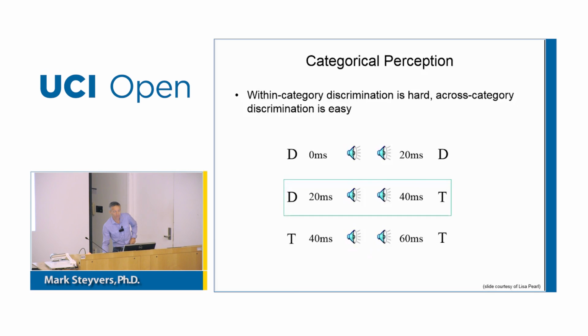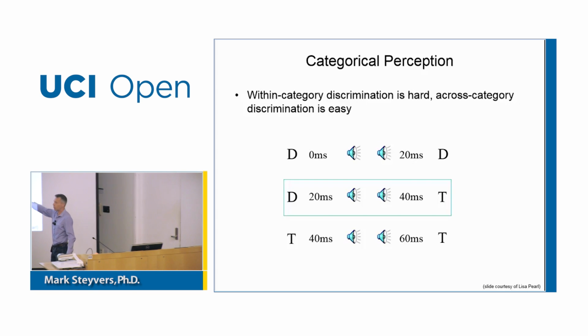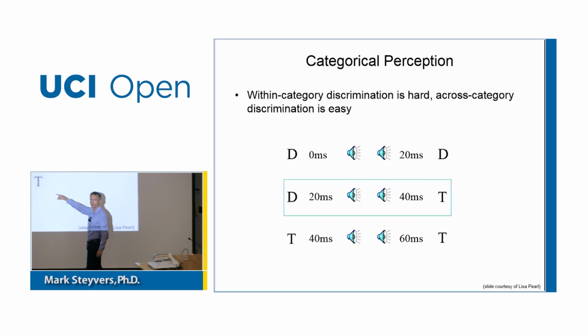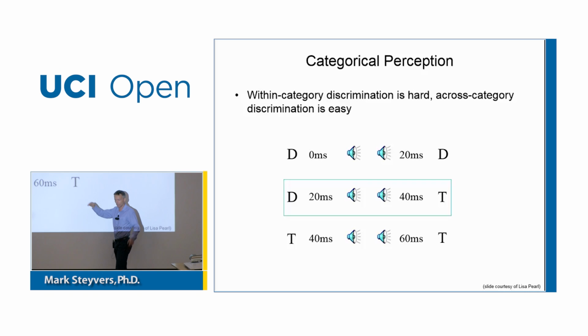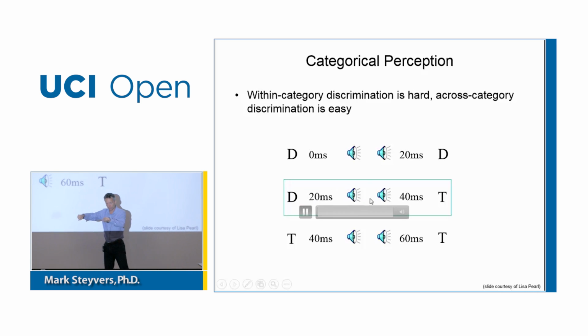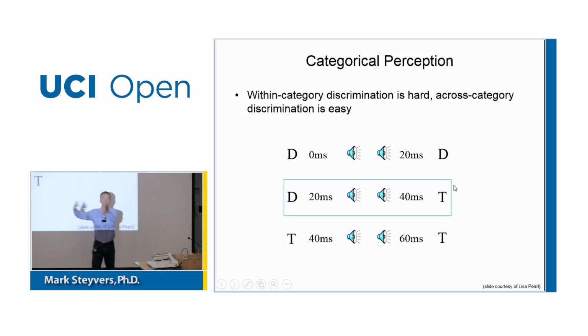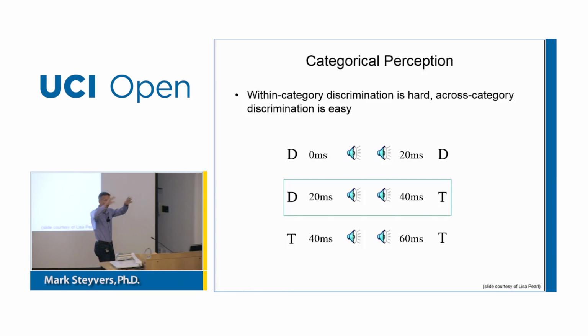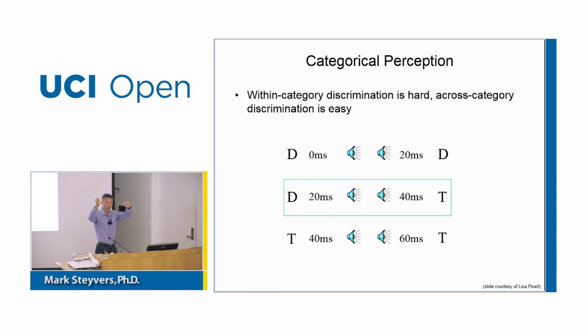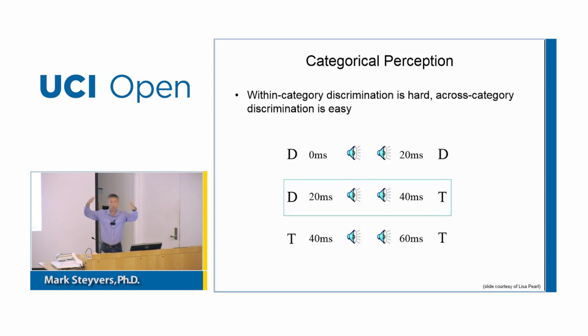Whereas this difference is much harder to hear, even though it's also associated with just a 20 millisecond difference in voice onset time. That's the key: the same differences might not be equally perceived as differences. It depends on where those differences fall. If they fall on different sides of a category boundary, then you use your knowledge of what you're hearing to perceive those differences.